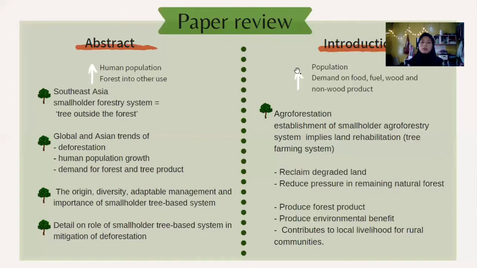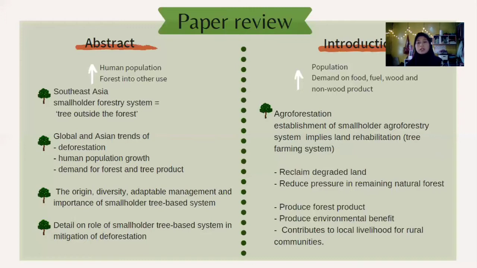Next, we are going to talk about the introduction. As the population increases, the demand for food, fuel, and wood, and also non-wood products, increases. In this paper, they state that agroforestation is the establishment of smallholder agroforestry systems that implies land rehabilitation.